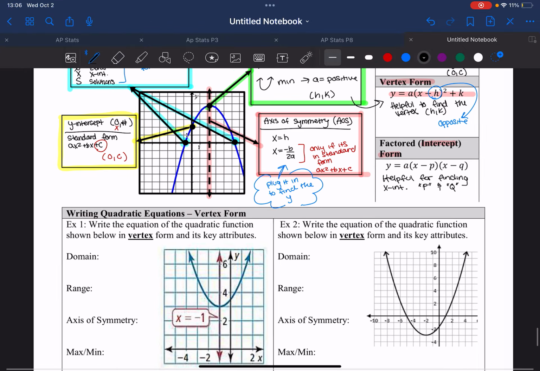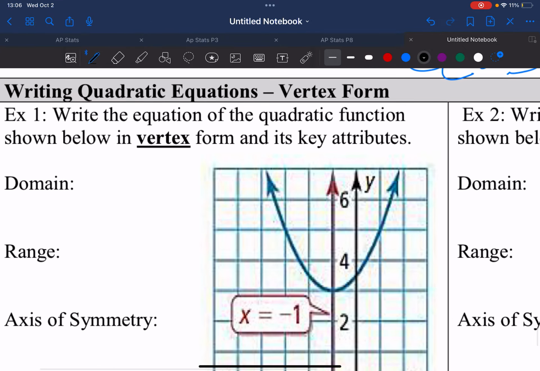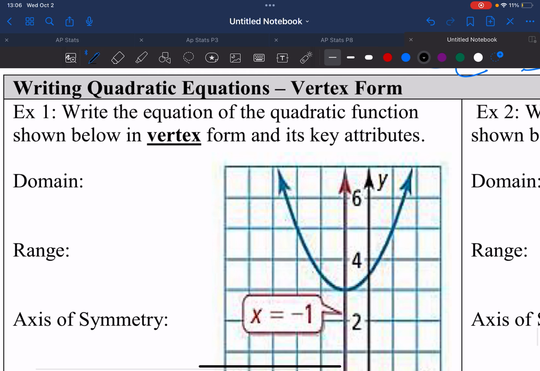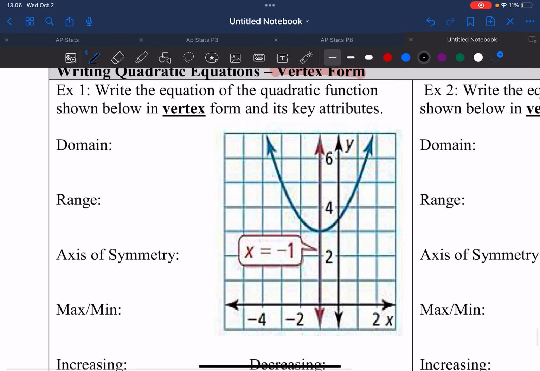Now let's look at an example. In the next couple examples, we are writing quadratic equations in vertex form. First, looking at our graph, we have to find the domain and range. For quadratics, just like absolute values, the domain is always negative infinity to positive infinity.